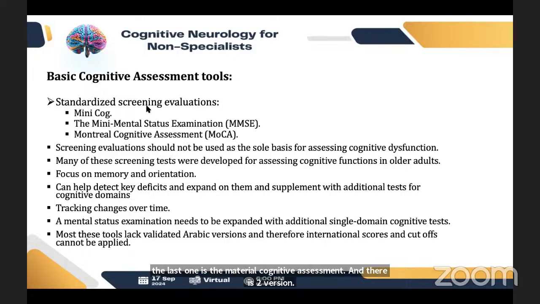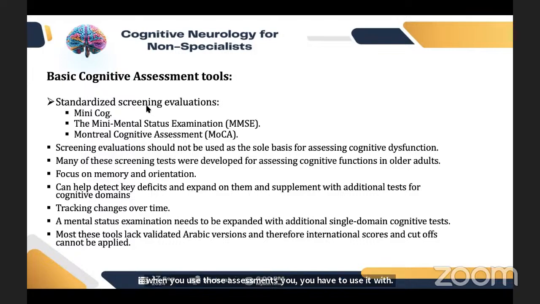Again, those cognitive screening tools will help you to assess the patient's cognitive dysfunction. And when you use those assessments, you have to use them with adult or older patients. Those assessments are a key, which means that they are an indication. It's required from you to go for further assessment.